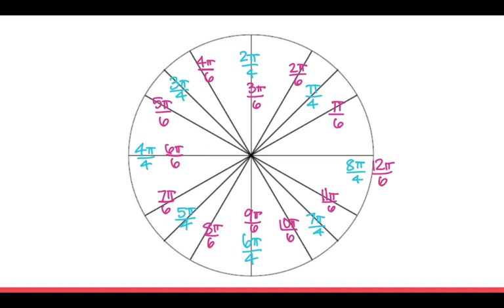You'll notice that some of those angles have two angle measurements on them, and that's because whenever you're counting around the unit circle, you're always going to include the y-axis and the x-axis as you are counting.